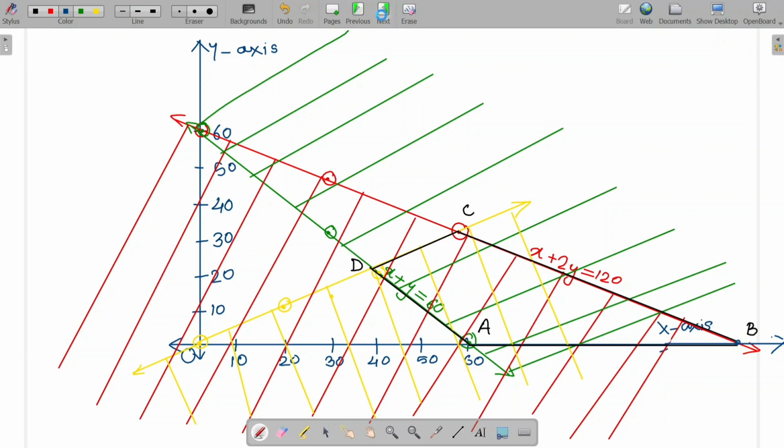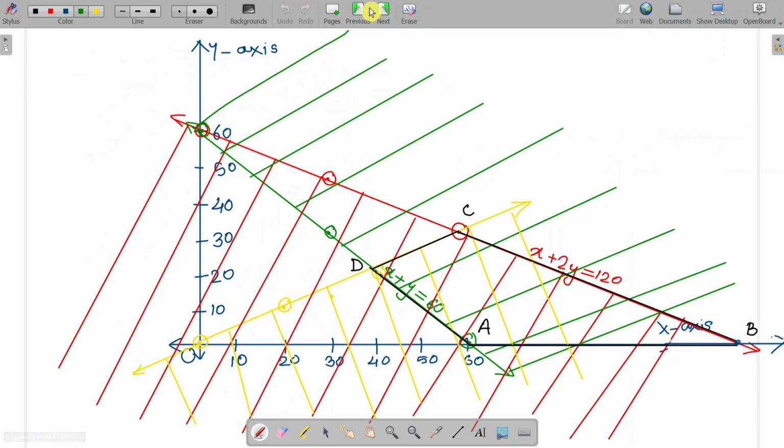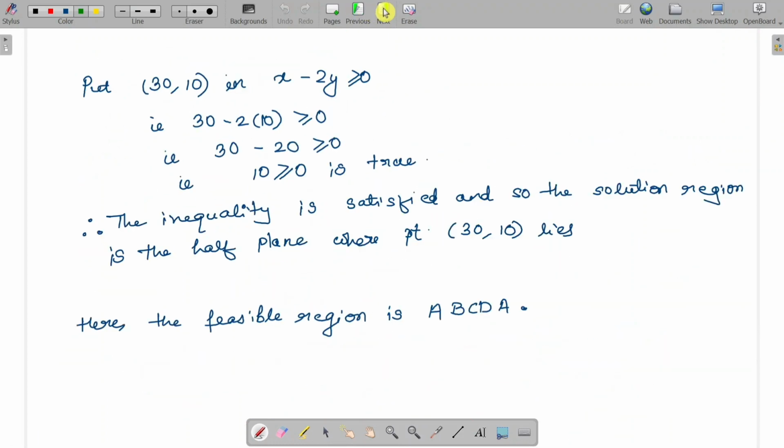So let us put y equal to 0 in this line, the red line, x plus 2y equal to 120.